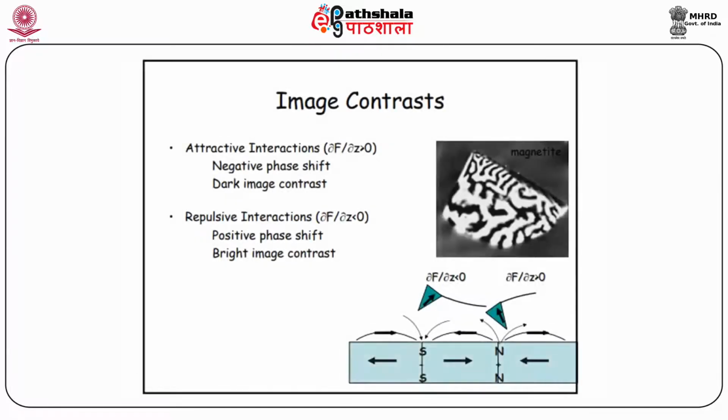Image contrasts. For attractive interactions, we have negative phase shift, then dark image contrast, and similarly for repulsive interactions, again shown here, positive phase shift and bright image contrasts.